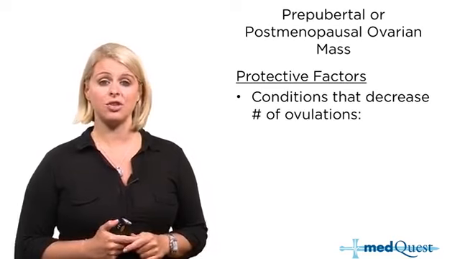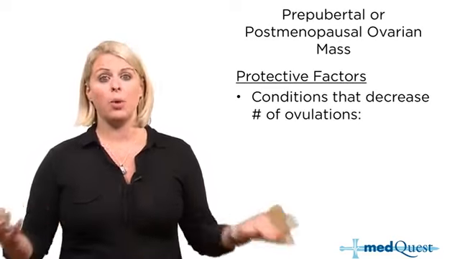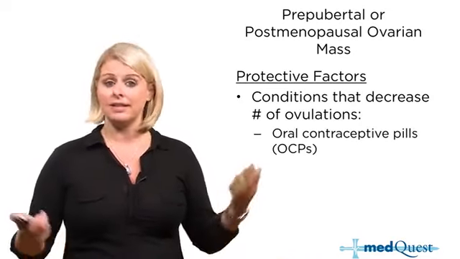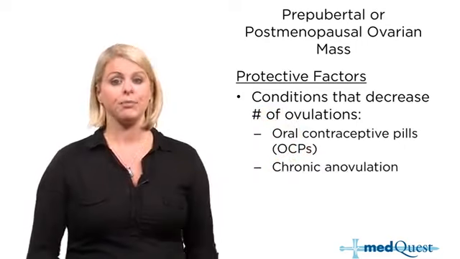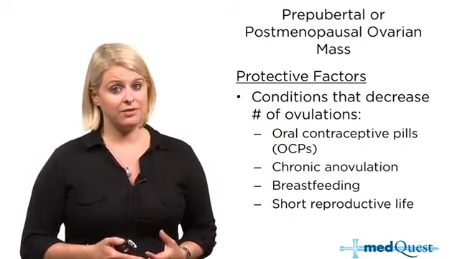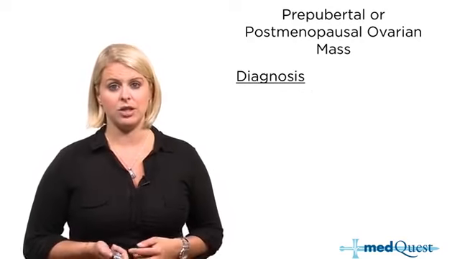Your protective factors are going to be conditions that decrease the number of ovulations. So, what decreases your number of ovulations? When you take oral contraceptive pills. That does not allow you to ovulate. So that's actually protective. Chronic anovulation, breastfeeding, and a short reproductive life because you have less number of ovulations.